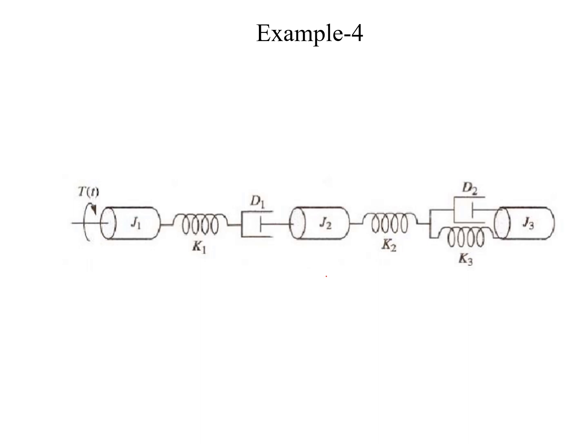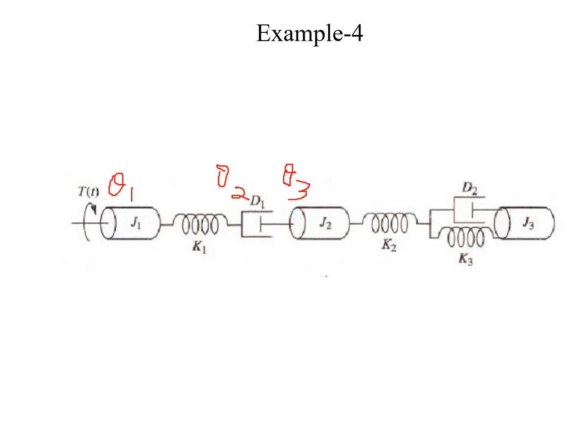Now, if we try to mark the displacement for this particular example, here we have theta 1 as the first displacement that is experienced by J1 due to the applied torque T. Now since I have a spring here which is connected between J1 and D1, you will have a displacement theta 2, and after the dashpot you will have one more displacement represented as theta 3.